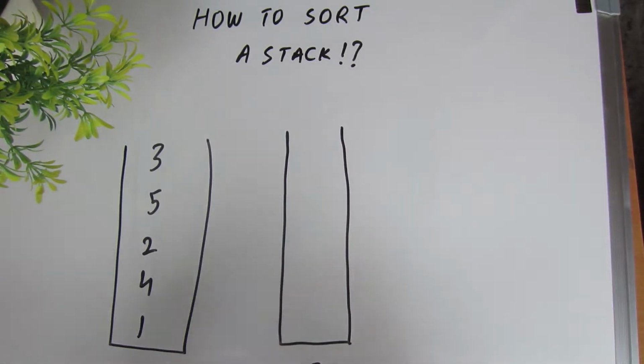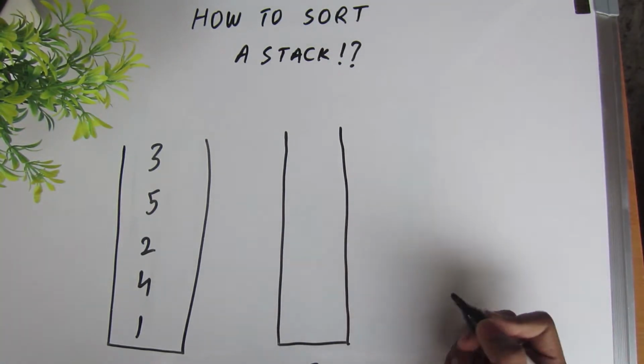The main idea in this algorithm is to push the elements into stack B from stack A as long as the sorting order is not violated. So let's take an example and see how we can do it. Initially stack B is empty.